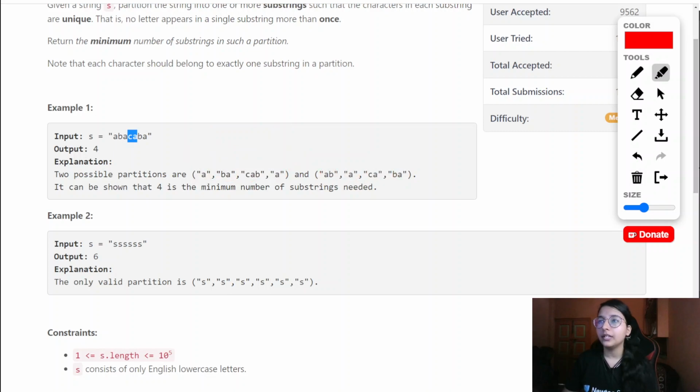Now in this particular example which is given to us, let us take first AB, right? Then if we take AC, one minute, I need to check first. Yes.